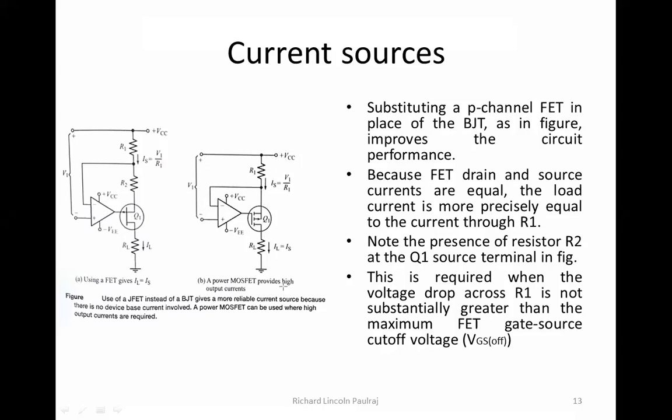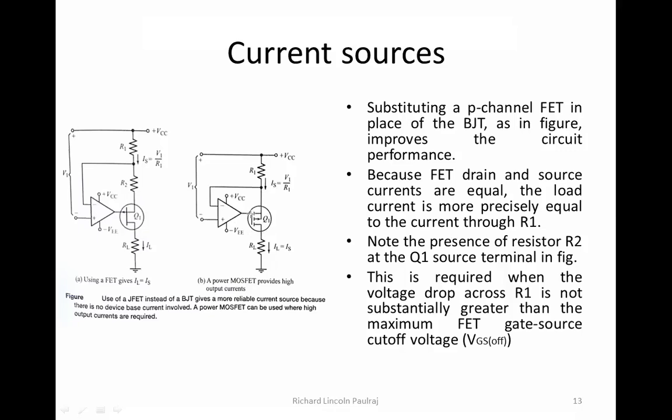So ultimately, we are having the same devices here: the resistors, the input values, and the op-amp, all this remains the same. Just that I'm changing the transistor. Previously, we had included a BJT, and right now we are including an FET, a metal oxide semiconductor field effect transistor.